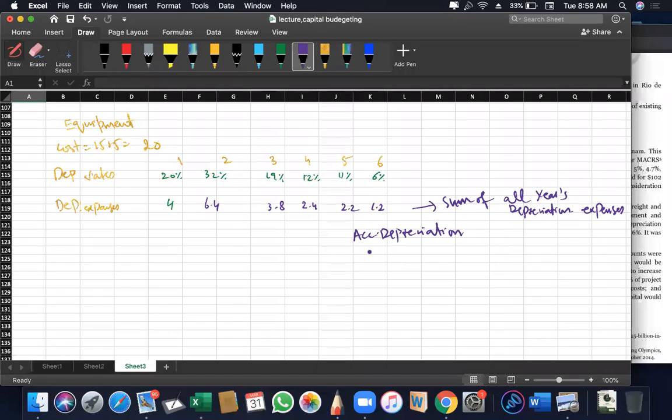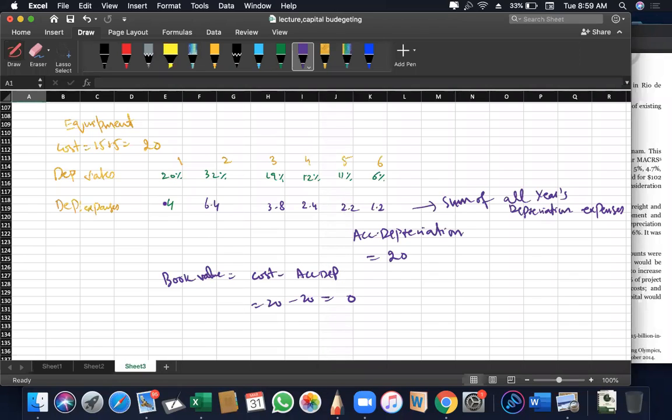So add them, you will get 20. So it means its book value is equal to cost minus accumulated depreciation. Its book value is 0.